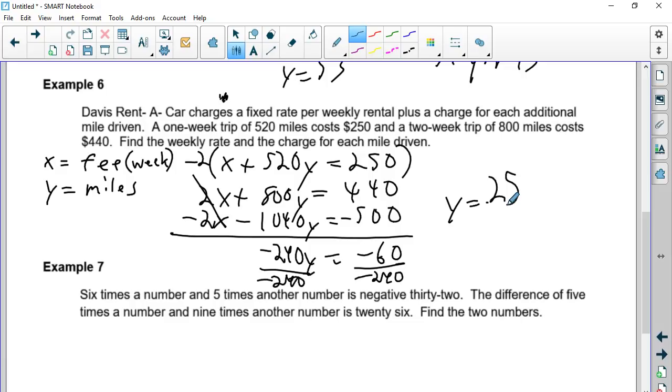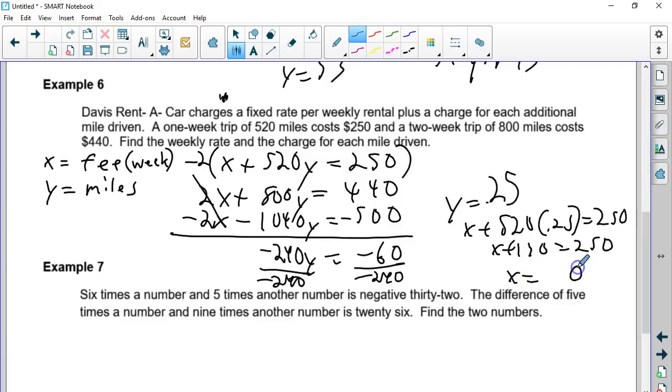So if I go back to my original equation, x plus 520 times 0.25 equals 250. 520 times 0.25 is 130. If I subtract 130, I get 120.